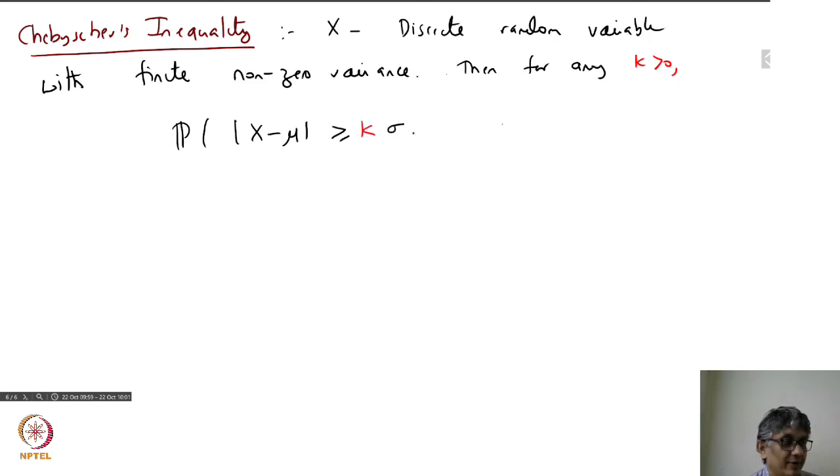There's a simple bound for this. This is always going to be less than or equal to 1 by k squared. This is the Chebyshev inequality: here I don't assume anything about the random variable. I just say it has finite non-zero variance, which implies a finite mean, and this is true. So how does one prove this? Let me prove this.